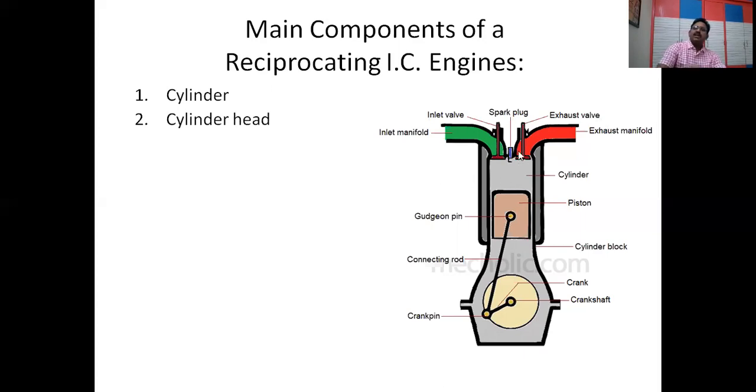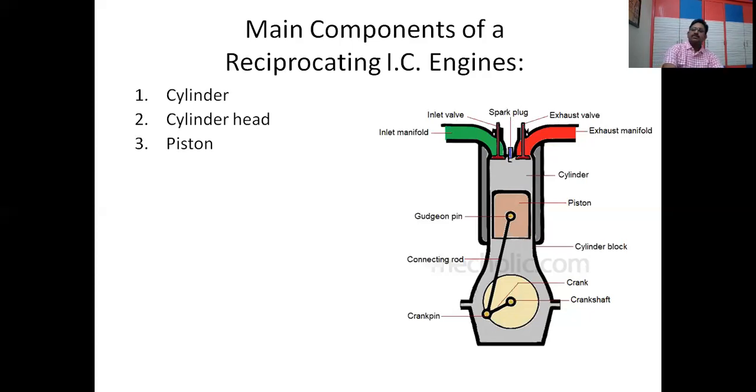Above the cylinder, you have the cylinder head, and to the cylinder head other parts are attached: the inlet manifold and exhaust manifold, inlet valve and exhaust valve, the spark plug in case of SI engines, and the fuel injector in case of CI engines. All these are arranged or bolted to the cylinder head.